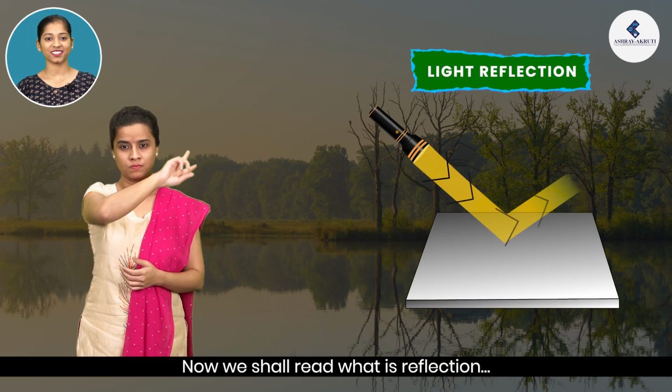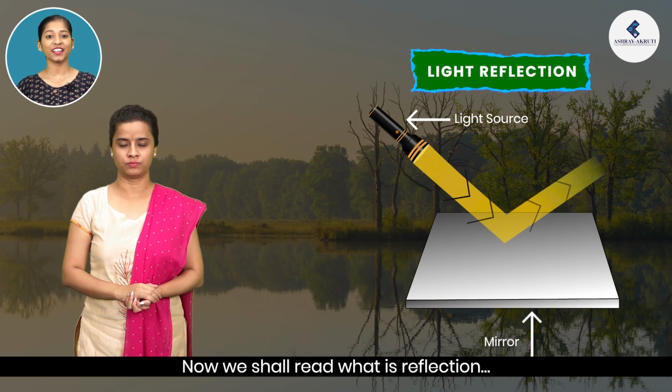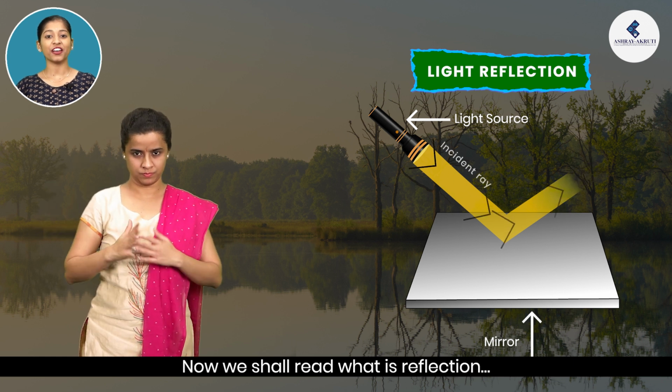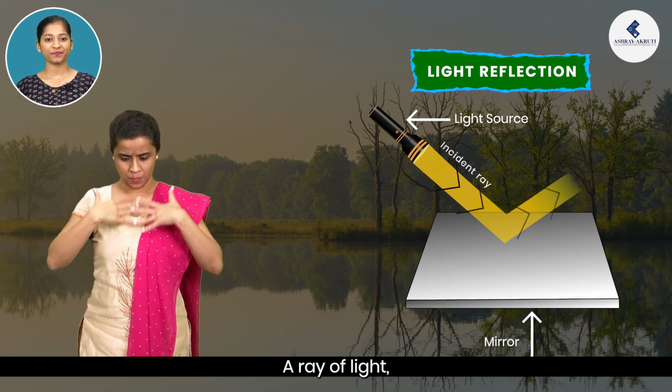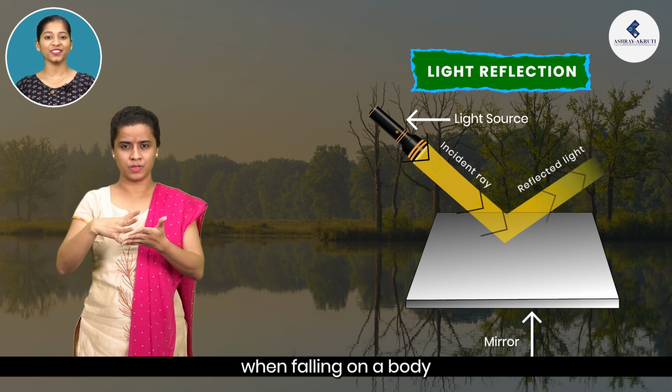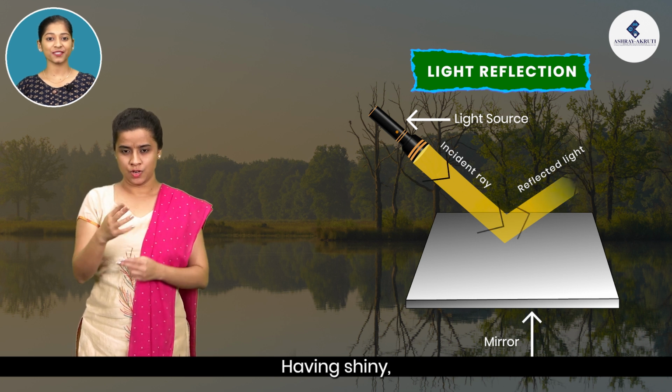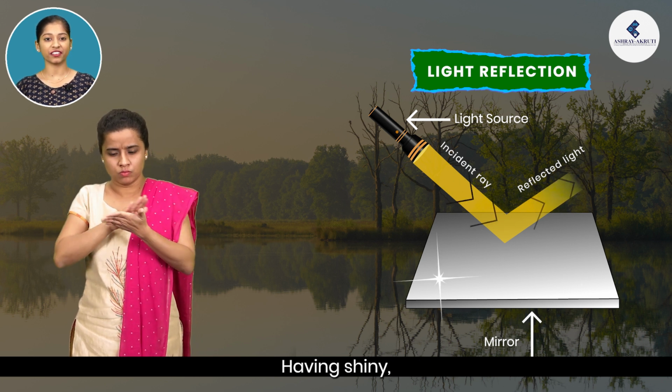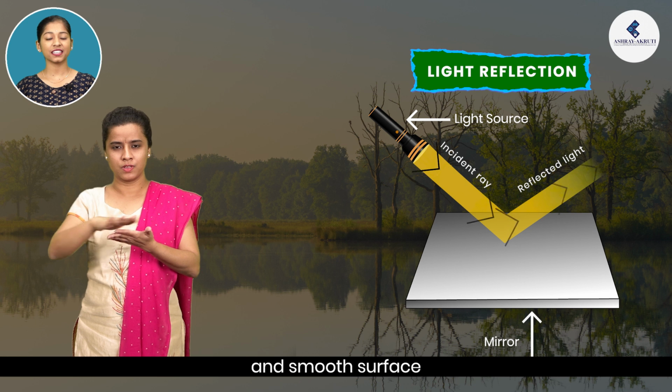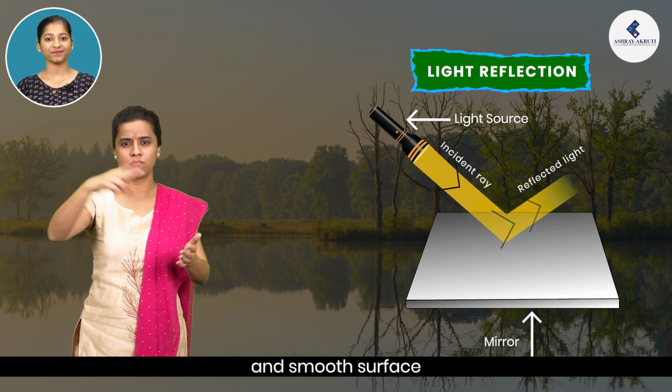Now we shall read what is reflection. A ray of light, when falling on a body having shiny, polished and smooth surface, is bounced back.